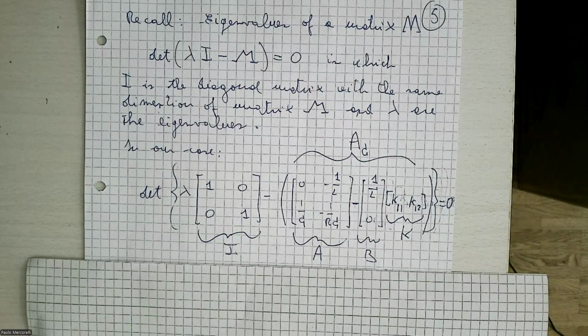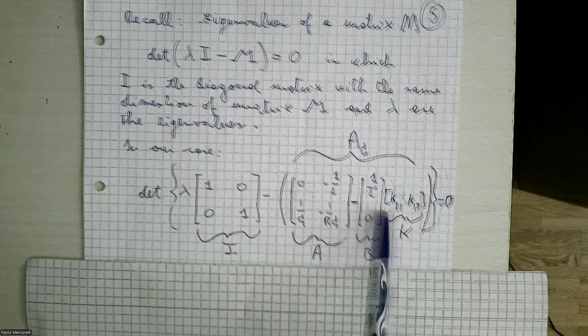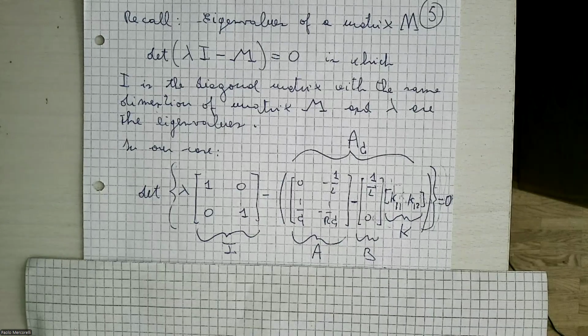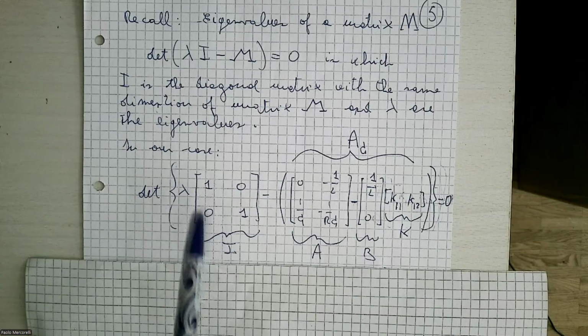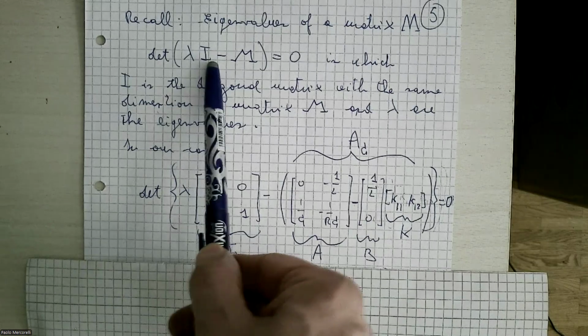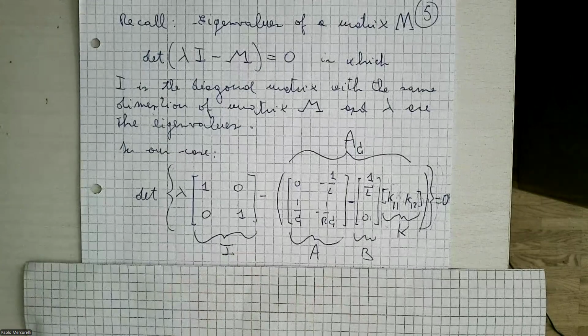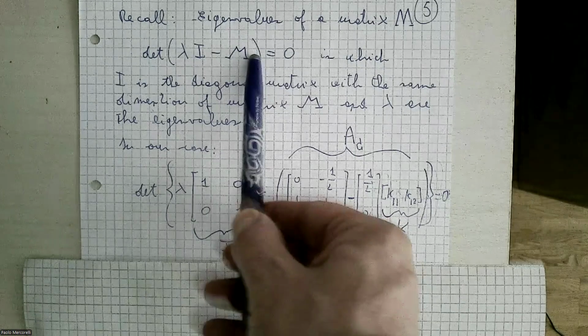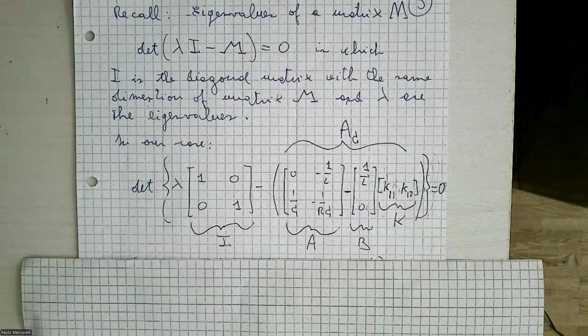Very interesting, because AC is not a given matrix. It is a parameterized matrix using K11, K12. This means AC is a function of two parameters, K11 and K12. Here I assumed that you know this equation: I is the identity matrix, lambda is the eigenvalue. Now, the problem is not to calculate the eigenvalues of M with this equation, but to calculate K11 and K12 for two given eigenvalues, or let me say to formulate two new eigenvalues.